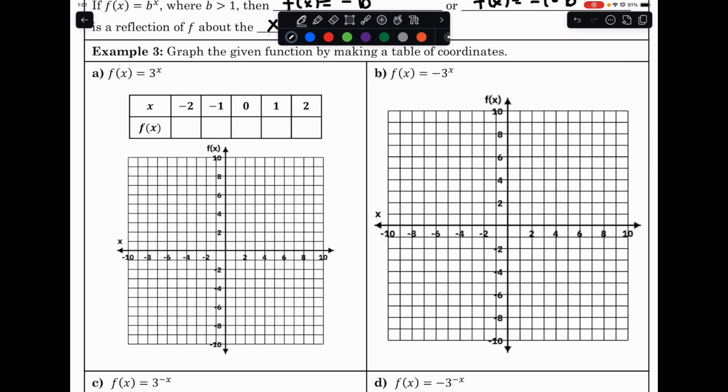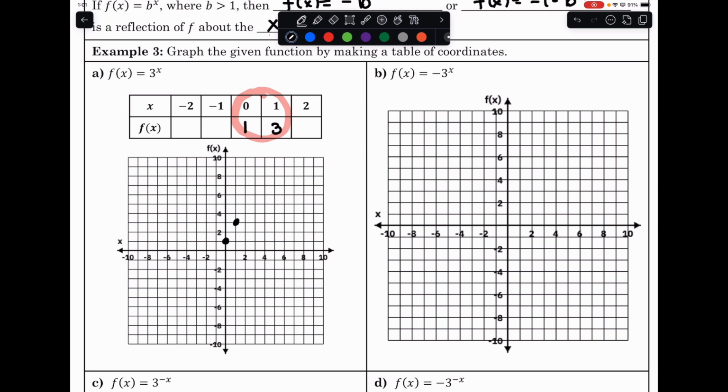So in 3a, we have the original function of 3 to the x. So let's talk about that first and what that's going to look like. Well, just like the other functions, it's going to go upwards. So it's going to cross the y-axis at 1, like all functions that have this format. It's going to have a point at 1, 3, because the base is 3. And again, those are the key points we should always worry about.